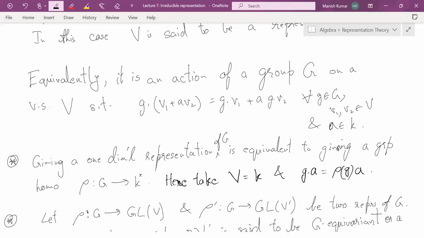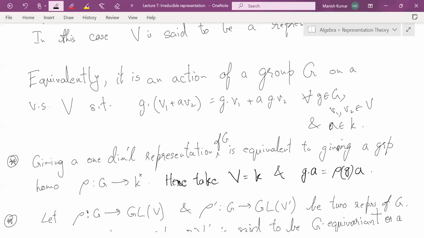We also saw the definition of regular representation and the permutation representation. If you have a group acting on some set, then you can always make that set into a vector space, and G will act on it linearly. You think of elements of that set as a basis of your vector space, and then G acts via permutation.